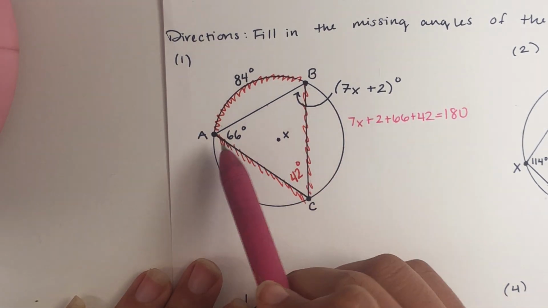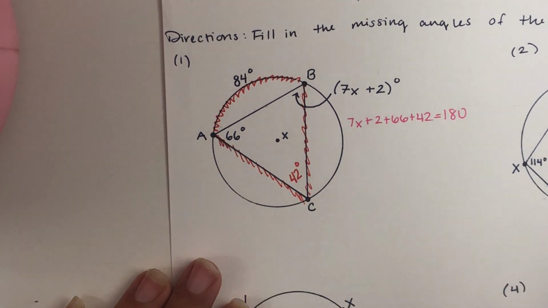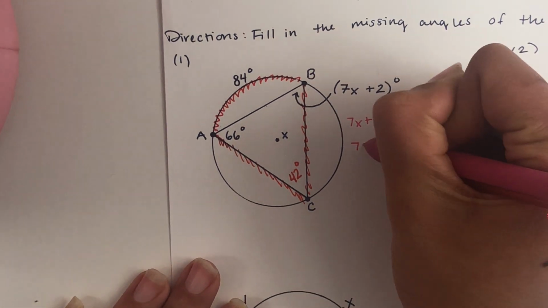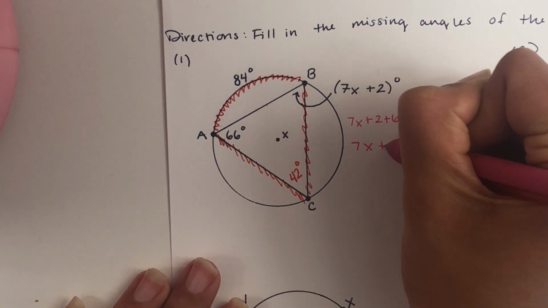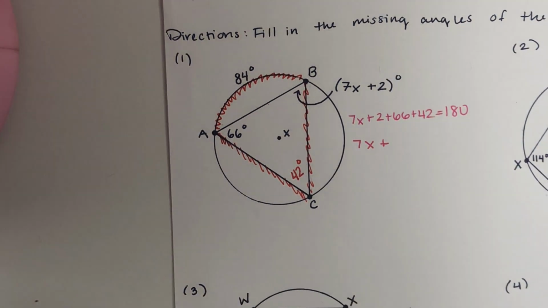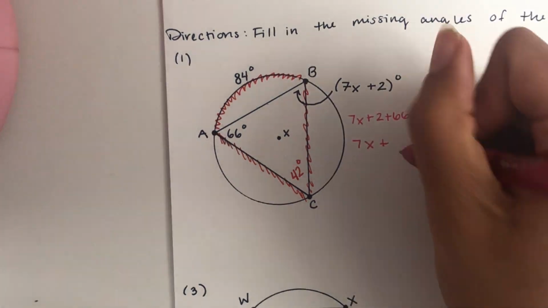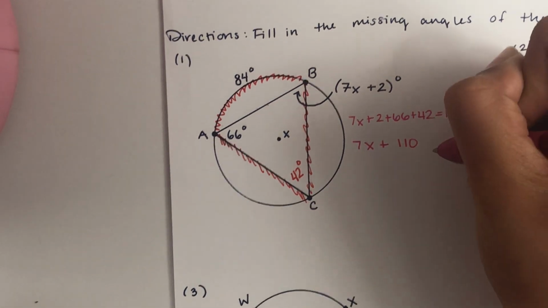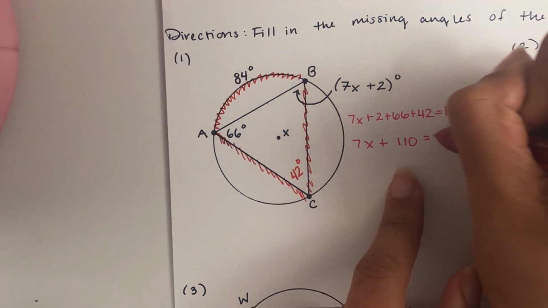So I took this angle plus this angle plus this angle and said it equals 180. I combine like terms next. You get 110. All right.